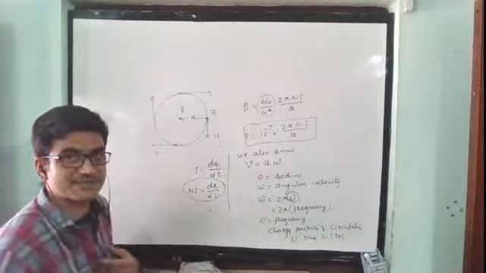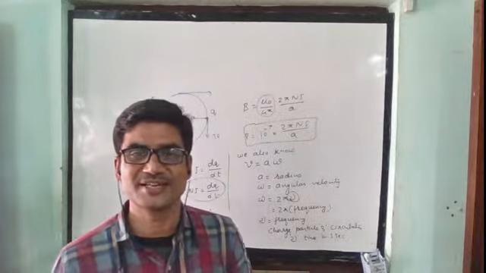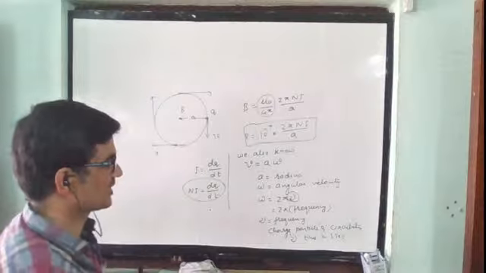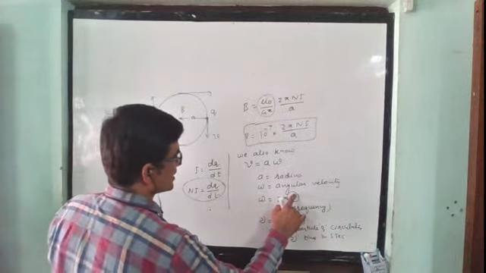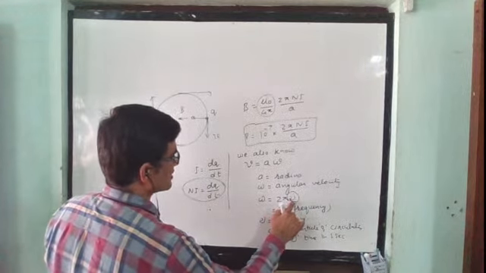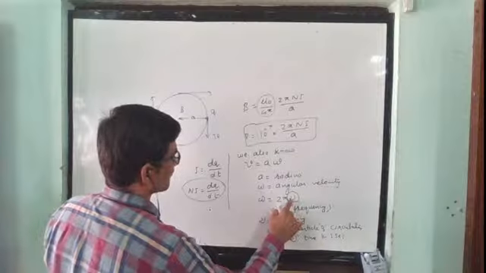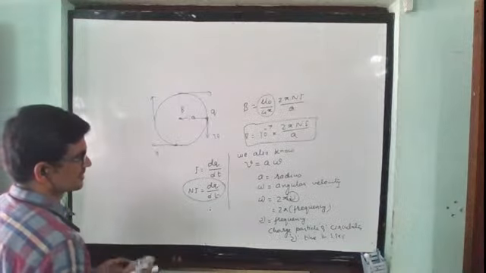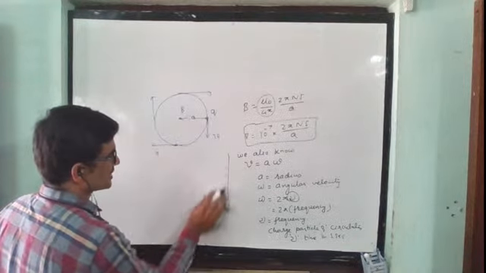Correct? Nu times per second. So if it is circulating nu times, how much will be the current we can calculate? Nu is actually per second. Correct? So we will get here, hence, the charged particle is circulating.